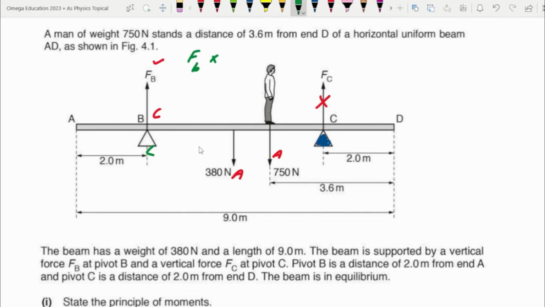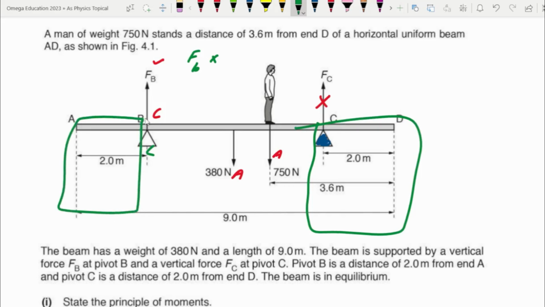So if we try to find the perpendicular distance of that force, the total is 9, and you can subtract this distance and this distance: 2 meters from the left side, 2 meters from the right side.